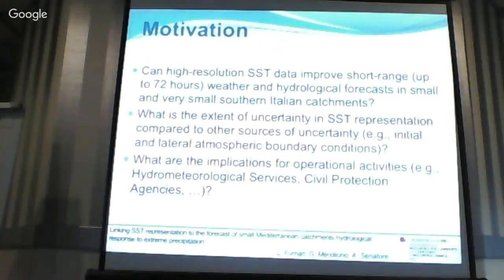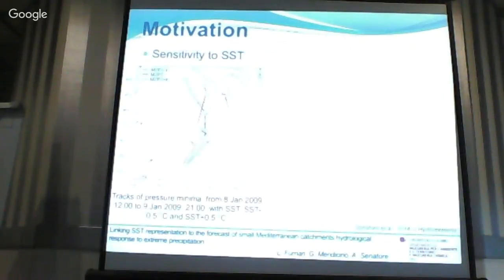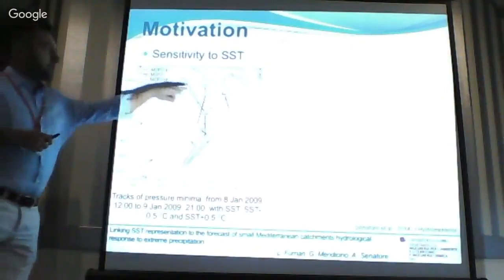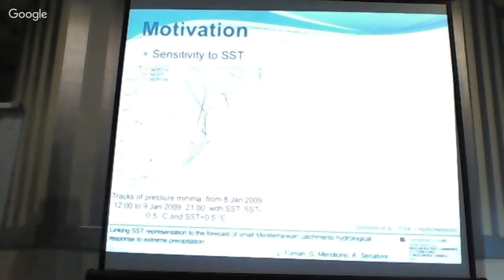Much research is going on concerning the Adriatic Sea, which is on the east side of Italy, and the Ligurian Sea, which is the northwestern side of Italy, and we present something related to the southern regions of Italy. Here we have Calabria, and you can see we already showed with some numerical experiments that small changes in sea surface temperature can lead to different behavior of single events.